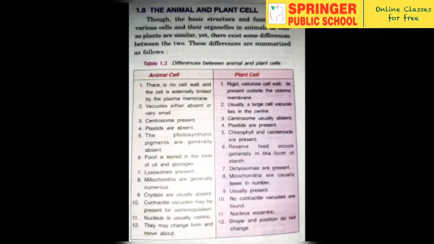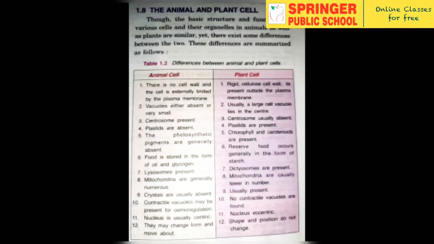What is a vacuole? Vacuoles are the empty spaces present inside the cells to maintain the turgidity of the cell. Vacuoles are smaller in animal cells while larger in plant cells, because you know that plants are habitual of absorbing water from ground sources by the process known as osmosis. That's why their vacuoles are so large.